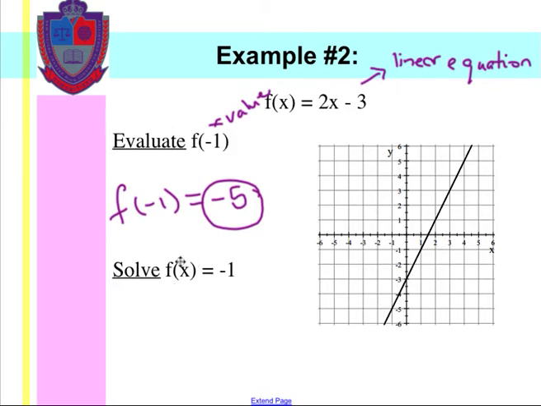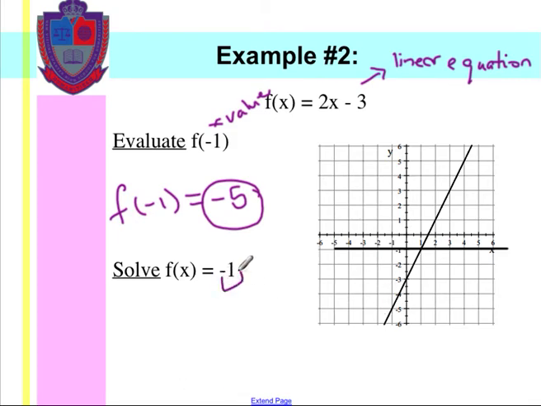I know that some number, when I input it, I'll get negative 1. So this is negative 1 on my graph, and I'm going to draw a line over. You could use a ruler if you want to draw a straight line. So I draw the line there because I know that this is my y value.